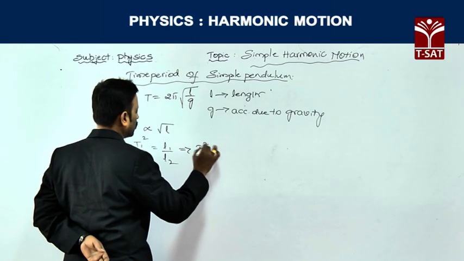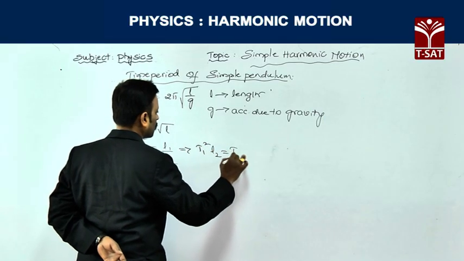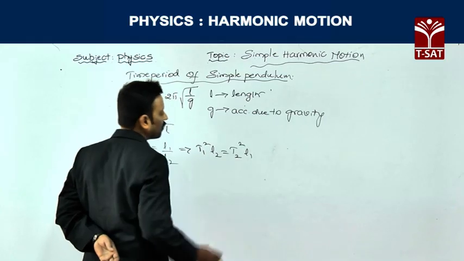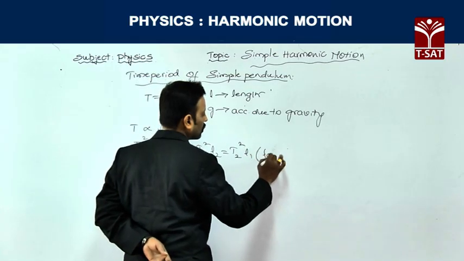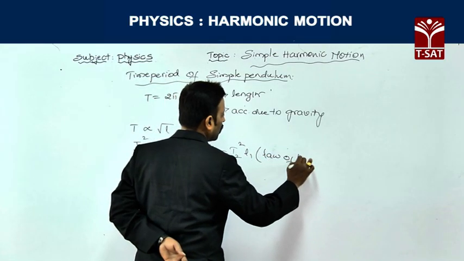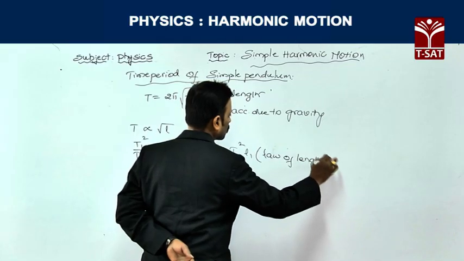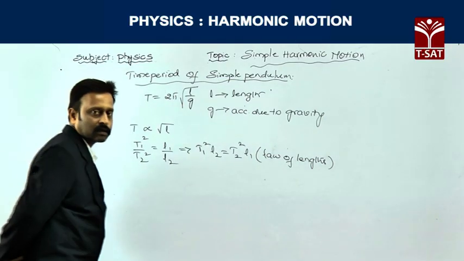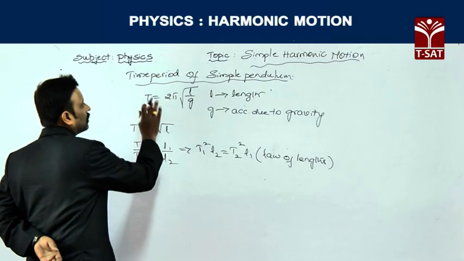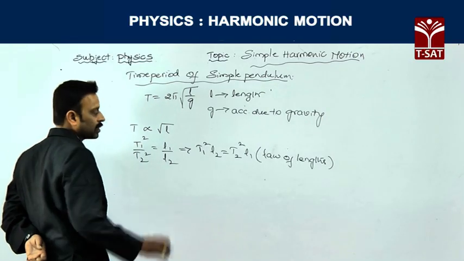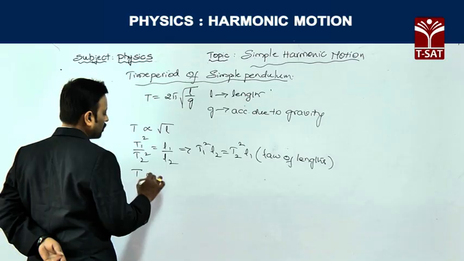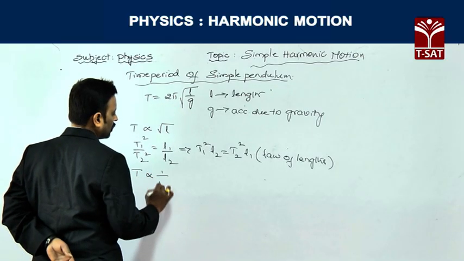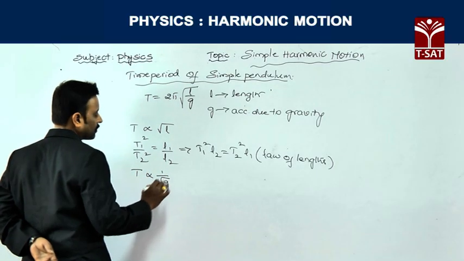From this, T1 square L2 is equal to T2 square L1. This is also called the law of lengths.